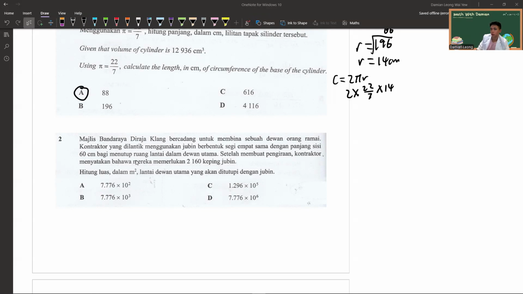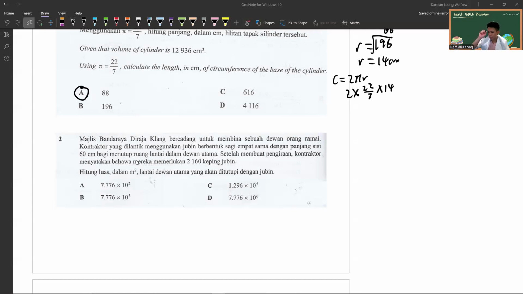Majlis Bandaraya Diraja Klang wants to build a hall using square-shaped tiles with a side length of 60 cm to cover the floor. After calculation, they need 2,160 pieces of tile. So they want the area of the hall in meter square.